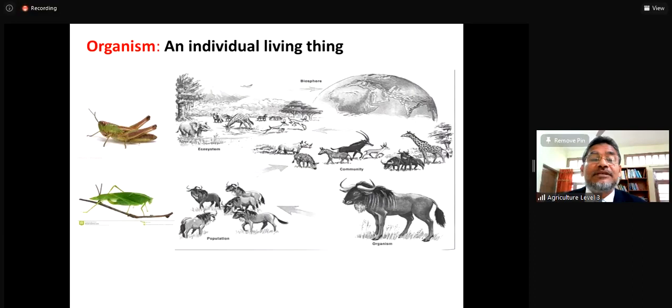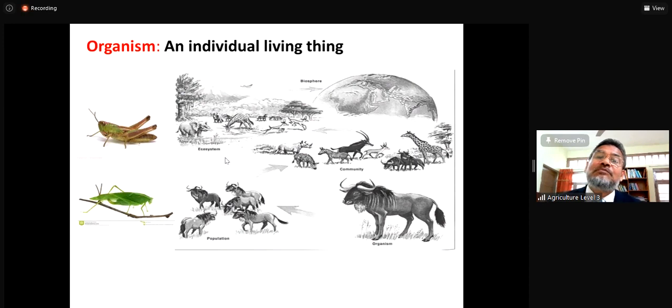Many of the organisms are here, but there are also very small organisms, insects. Different types of insects are found, so they are also organisms. Even some organisms cannot be seen, for example fungus, virus, bacteria. These are also organisms, microorganisms.